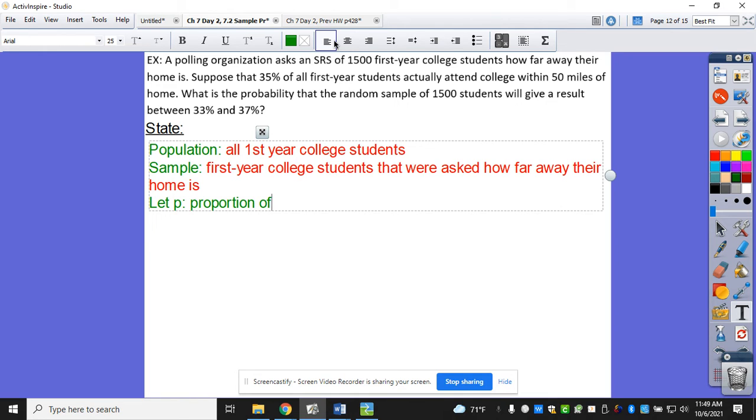Really it's the proportion of first-year college students that attended college within 50 miles of home.